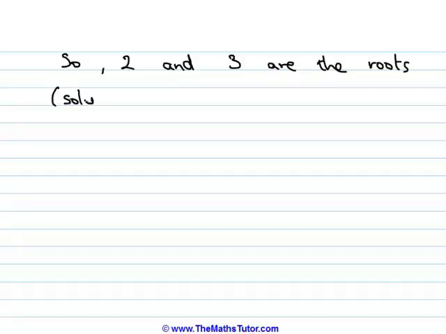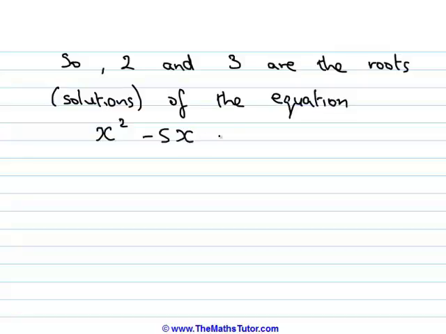So we've discovered that 2 and 3 are the roots, also known as solutions, of the equation x squared minus 5x plus 6 equals 0.